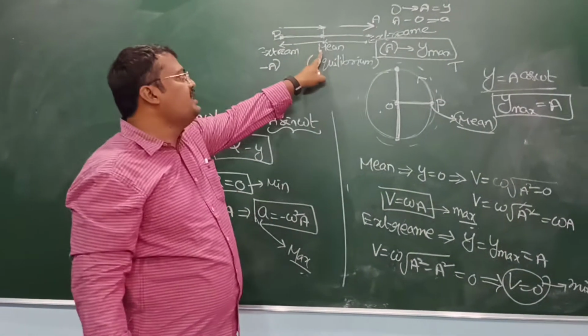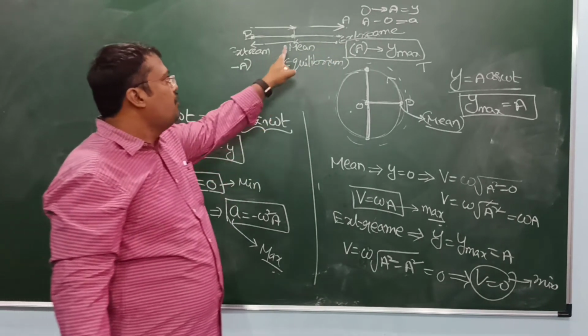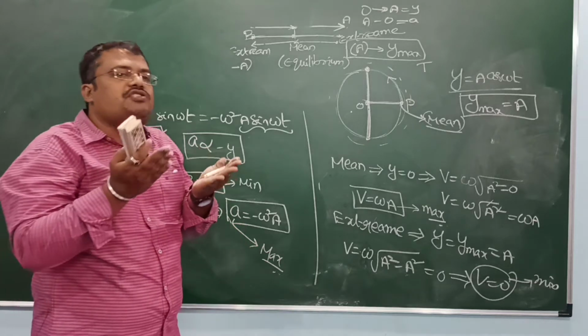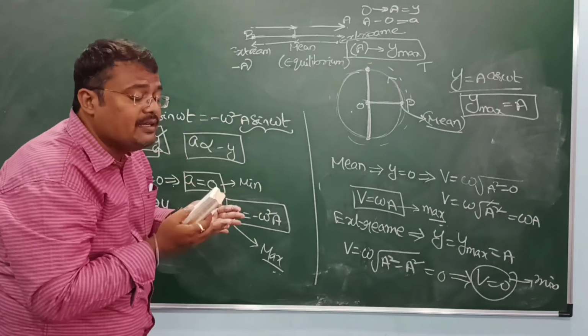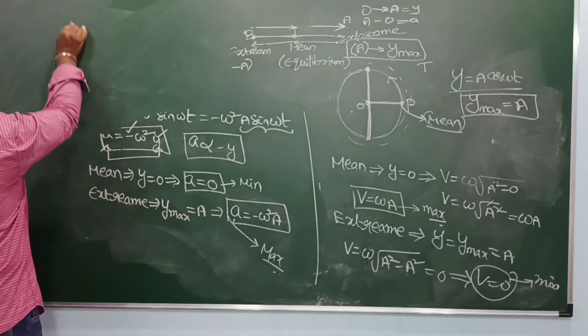Whenever the particle is displaced from the mean position to the extreme position, at the time of reaching the extreme position one force is required, and that is the restoring force.